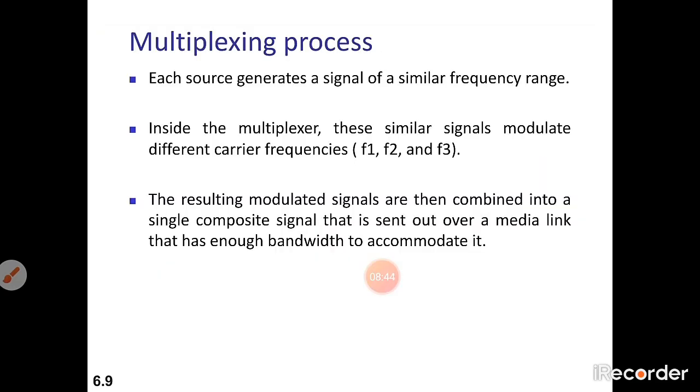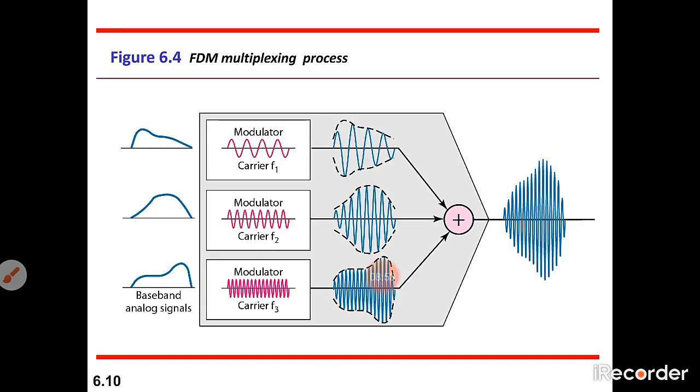The resulting modulated signals are then combined into a single composite signal that is sent over the media. This is the FDM multiplexing process.